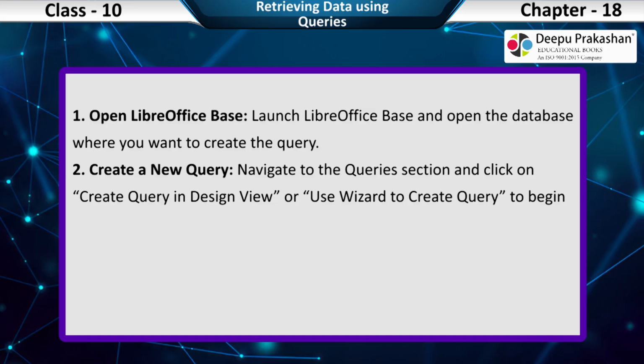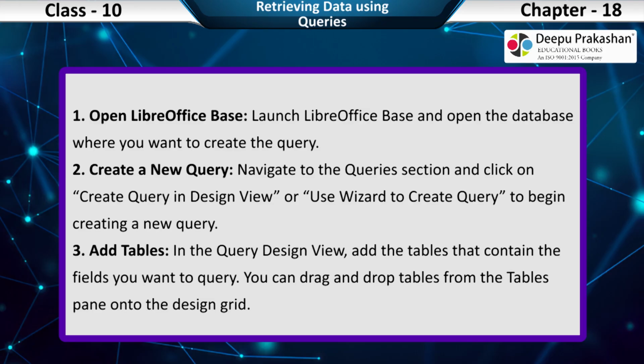Navigate to the Queries section and click on Create Query in Design View or use Wizard to create query. To begin creating a new query, add tables. In the Query Design view, add the tables that contain the fields you want to query. You can drag and drop tables from the Tables pane onto the design grid.